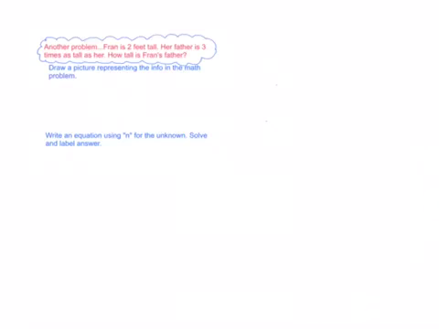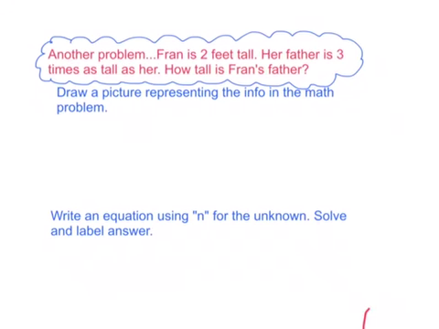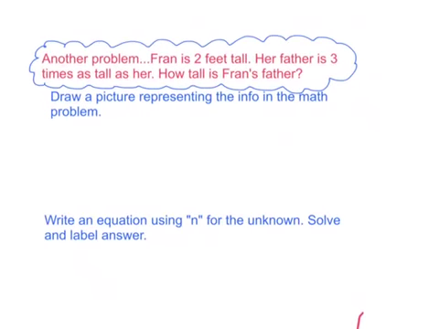So here's another problem. Fran is 2 feet tall. So you're going to go back and you're going to underline keywords and phrases. Fran, 2 feet tall. Her father is 3 times as tall as her. How tall is Fran's father? Circle the main question.